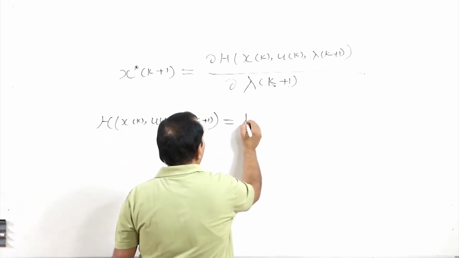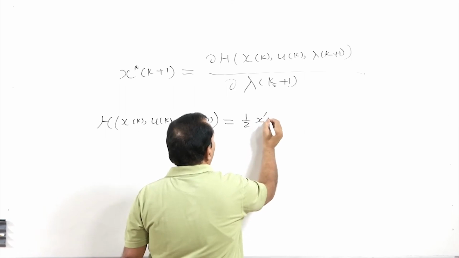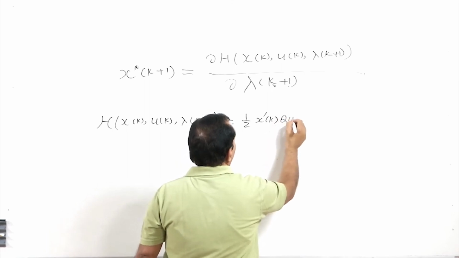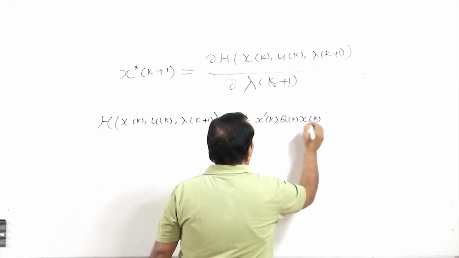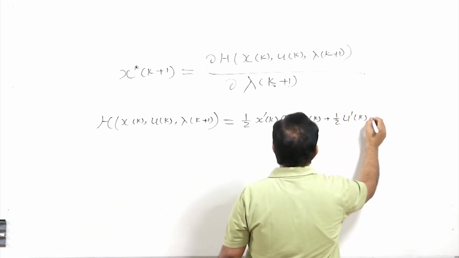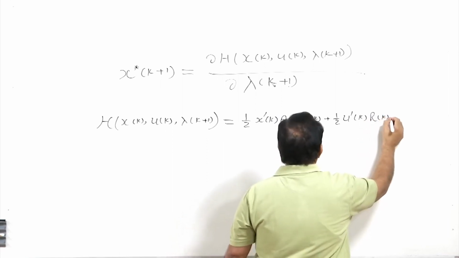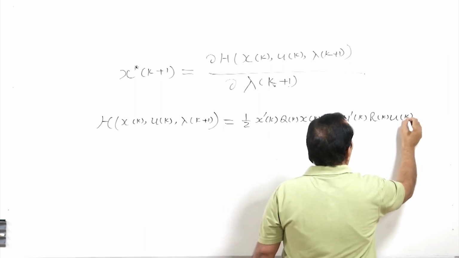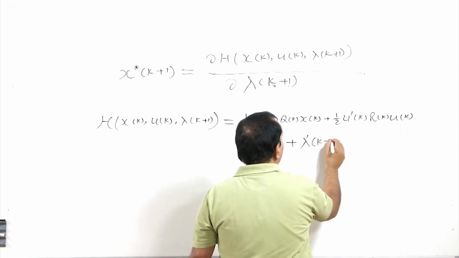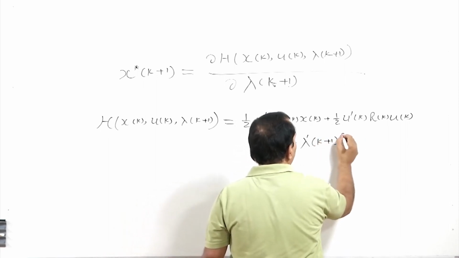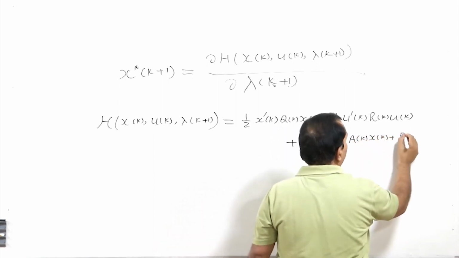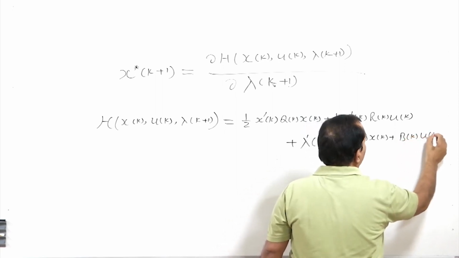This is my v, which is nothing but half of x prime k q k x k, plus half of u prime k r k u k, plus lambda prime k plus 1 times a k x k plus b k u k.